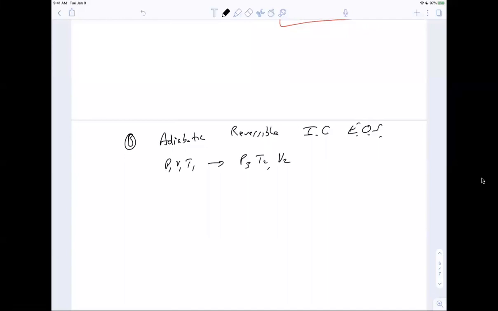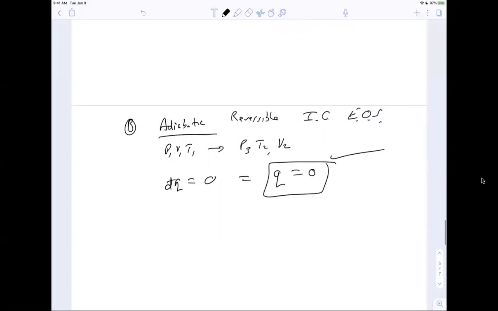So let's see. Make sure I do this correctly. Okay, it's adiabatic, so we know already dQ is equal to 0. That means Q is equal to 0 if we integrate. That's easy for adiabatic. So now let's see what we get with our first law analysis here.